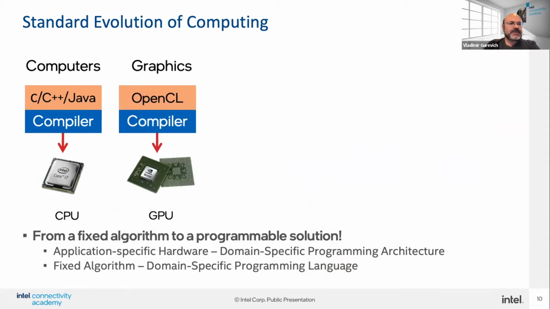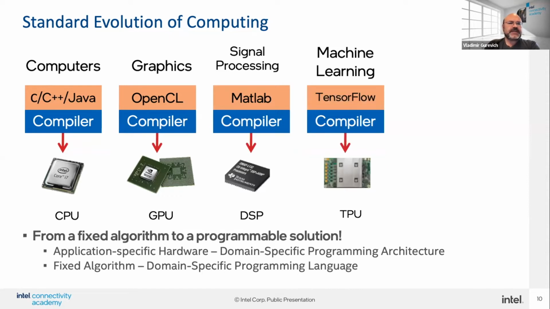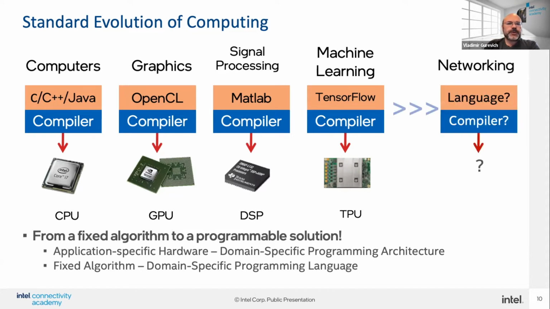Later on, there was a time for graphical processing using GPUs. Again, there's a way to abstract the processing that happens in these devices. Again, this language can be compiled. It could be OpenCL, it could be CUDA, but in any case, you go from fixed function devices to programmable devices. The same thing happened a little bit earlier in the world of DSPs, of course. It is happening now in machine learning. And so the real problem was that until Barefoot came along, it was not quite clear what to do with networking devices.